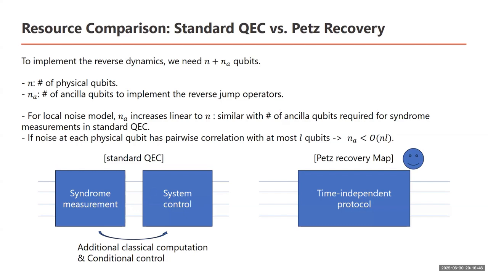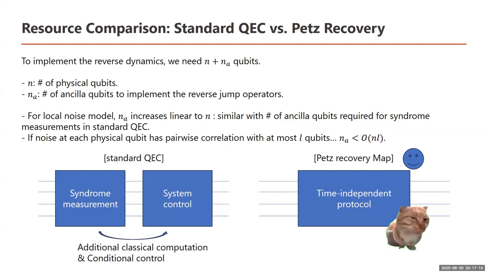In contrast, the path recovery map shown on the right has just one sequence, a single time-independent protocol. This means it runs passively without any measurement or feedback during the process, and this can act as another advantage over standard QEC.